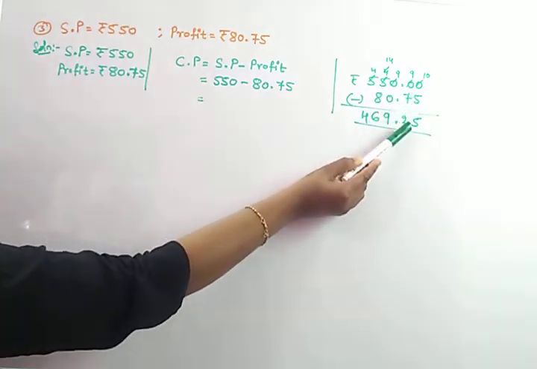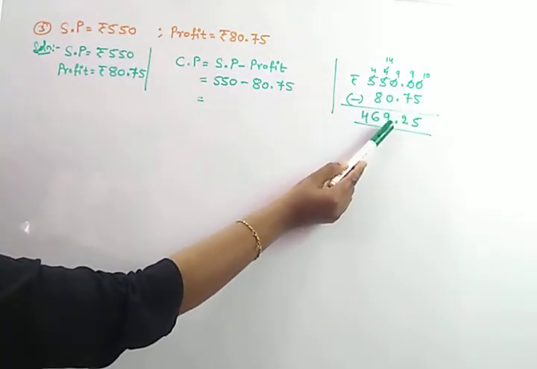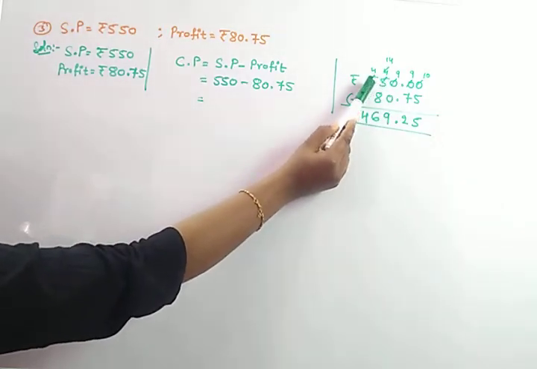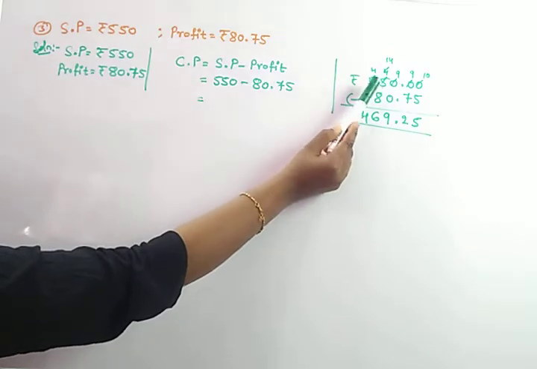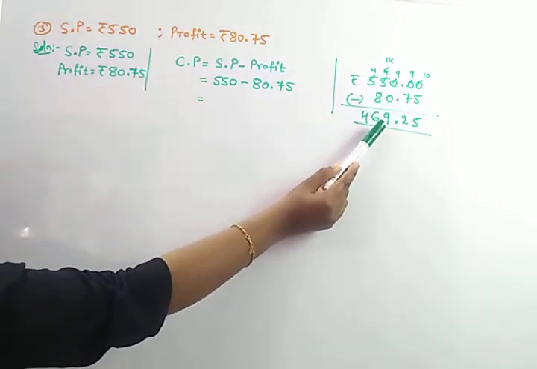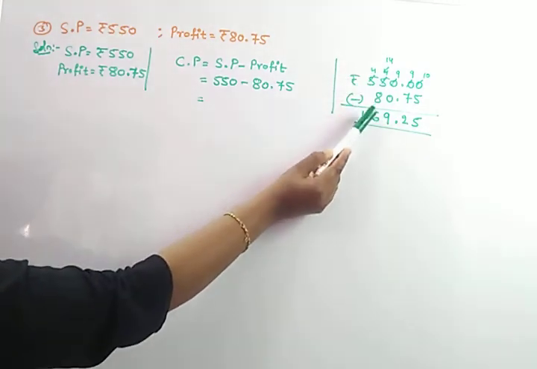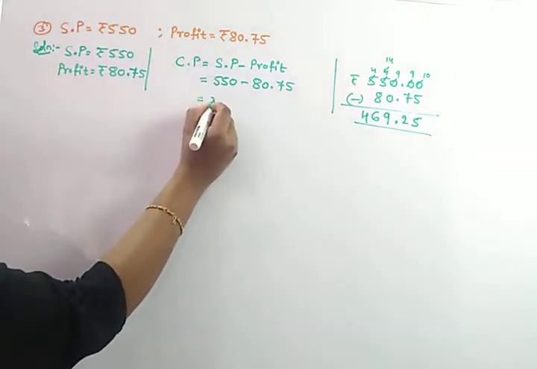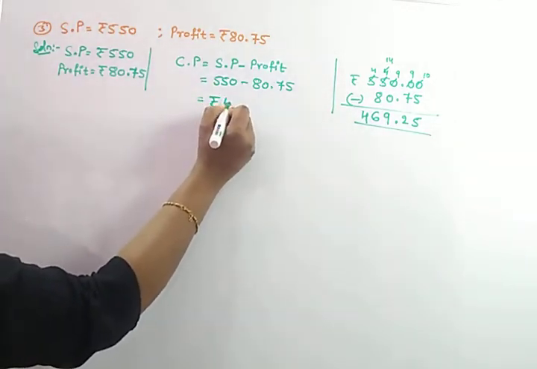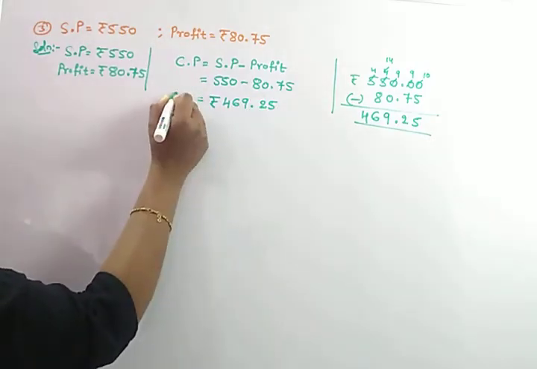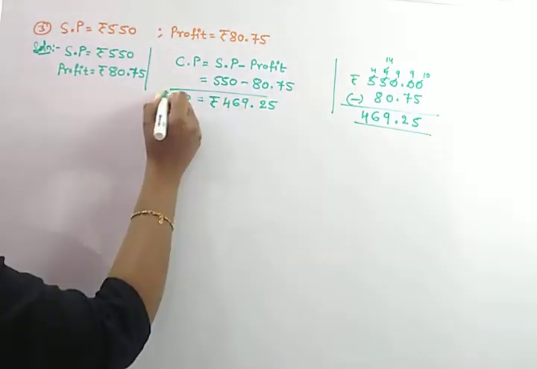Then 9 minus 7 is equal to 2. 9 minus 0 is equal to 9. Then here 4 is there, we can't subtract, so we need to borrow from the hundreds place. So 4 becomes 14. 14 minus 8 is equal to 6. You know the subtraction. So finally we got the answer, that is rupees 469 and 25 paise. This is the cost price.